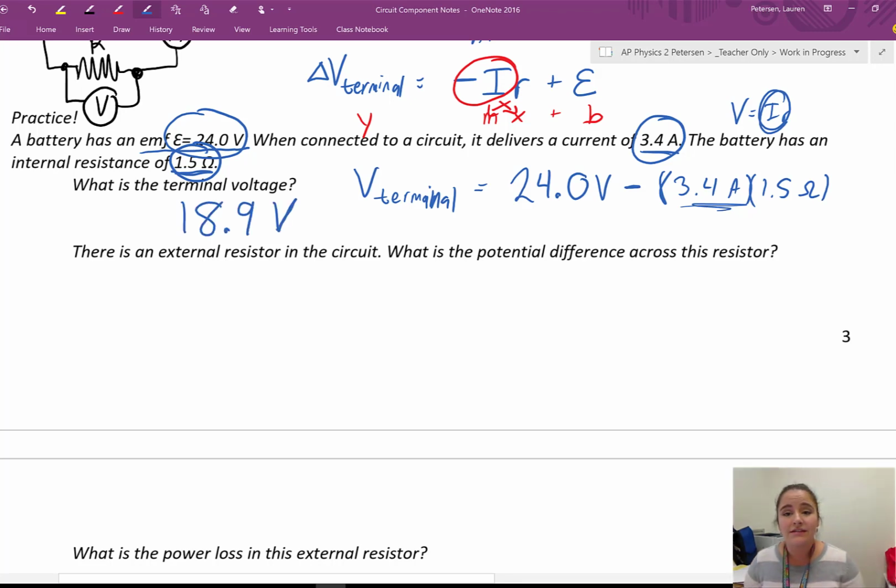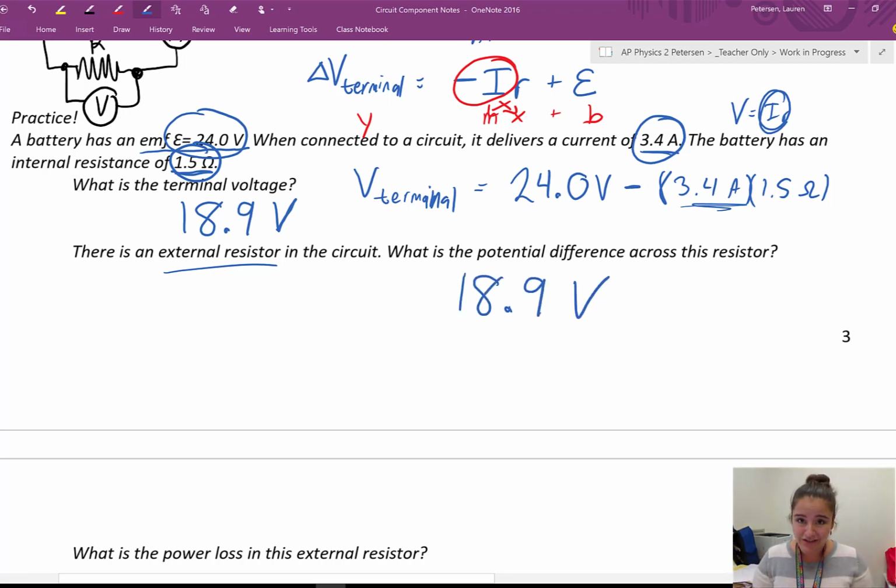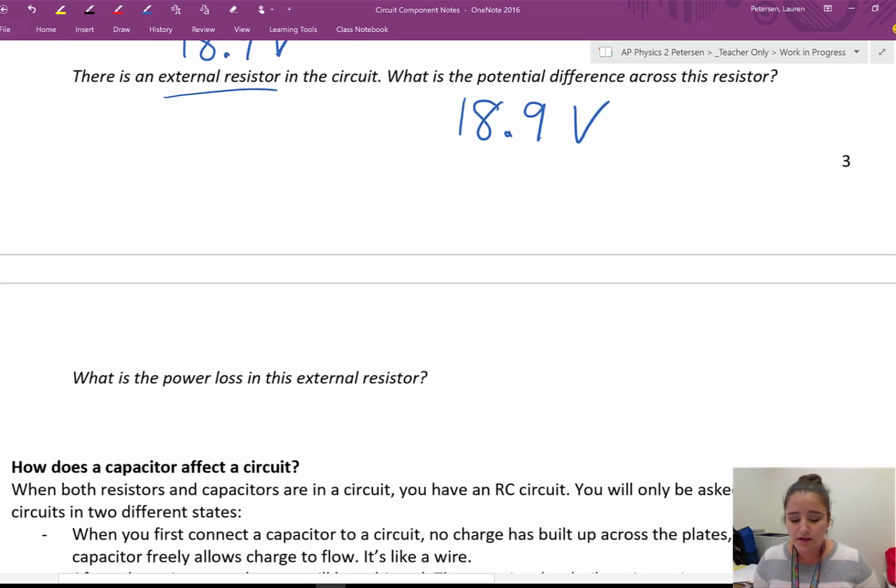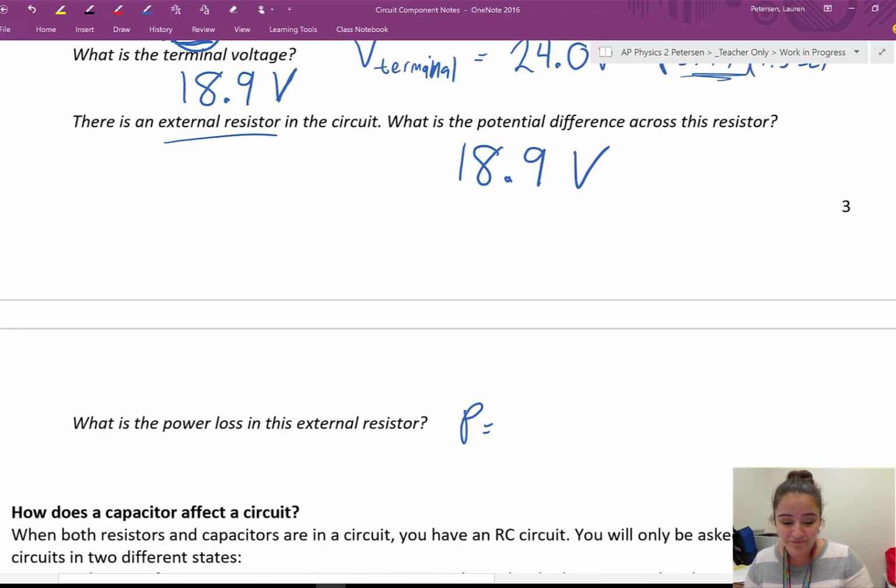So that is the voltage that's actually available for our circuit. If there was an external resistor in the circuit, it's not going to get that theoretical voltage. It's going to get that 18.9 volt potential difference that's coming out of the terminals. So how much power is it going to have? Well, it's not going to get the 24 volts.